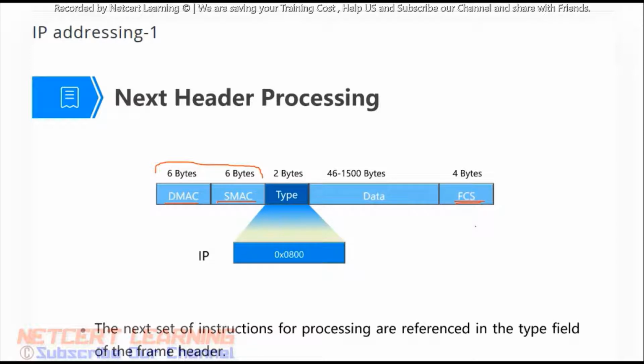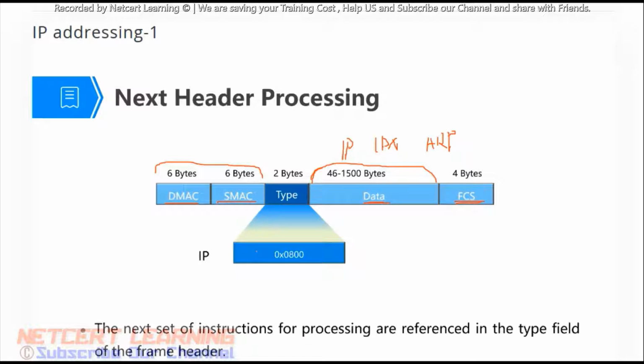And then, as we know, the data presents the layer 3 protocol. In layer 3 there are many different types, such as IP, IPX, and others such as ARP, and so on.